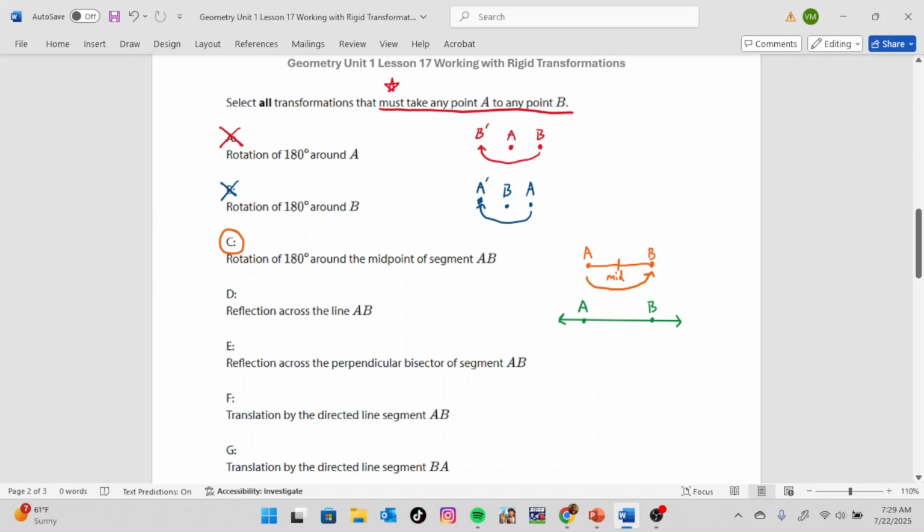Anything on the top would go to the bottom, anything on the bottom would go to the top, but A stays exactly where it is, and B stays exactly where it is. So A does not go to B, so D is wrong.